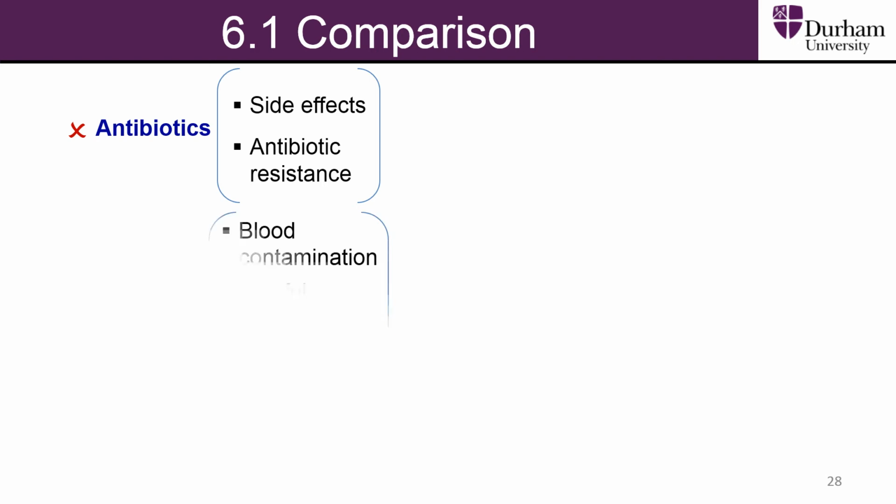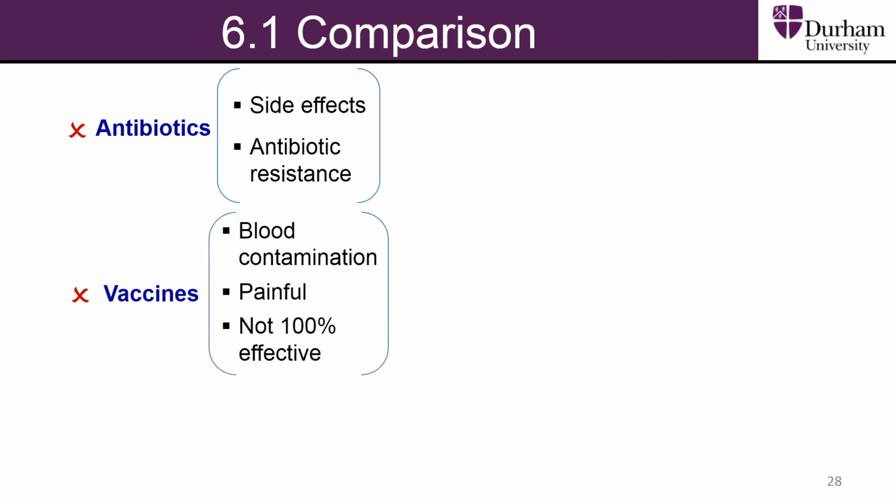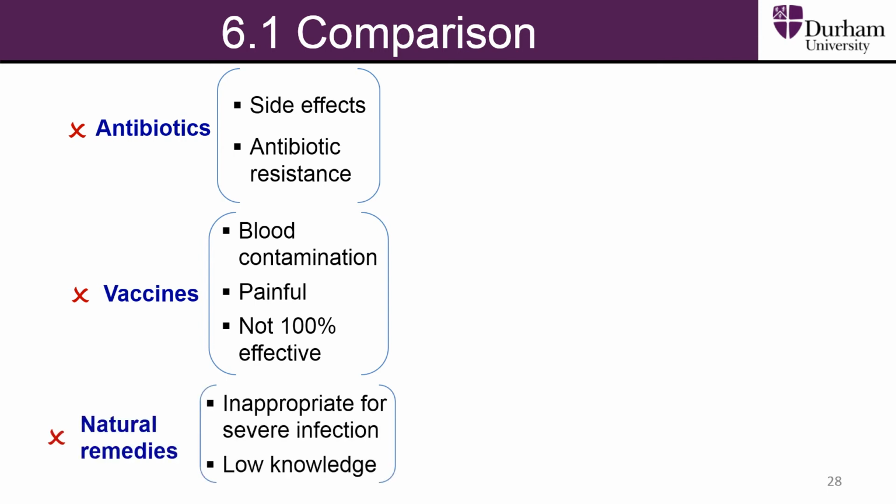Similarly, vaccines increase the risk of blood contamination from injections. They can be unpleasant or painful, and they are not always guaranteed to give 100% immunity, with some vaccines requiring regular booster injections. Natural remedies are inappropriate for sudden and severe bacterial infections, and there is a lack of scientific research on herbal medicines.